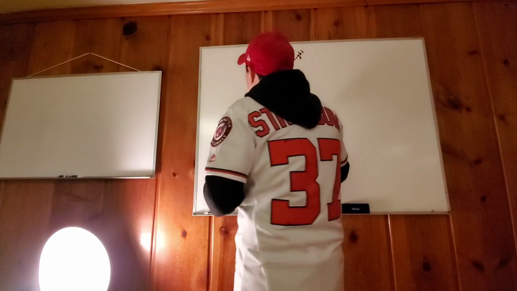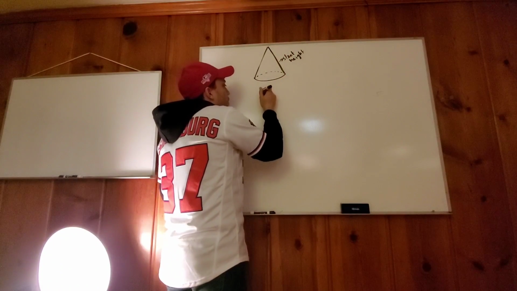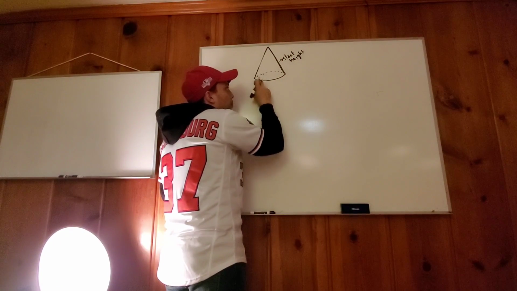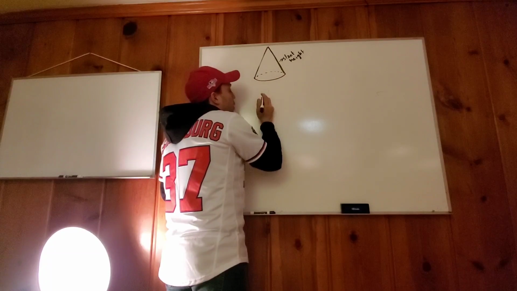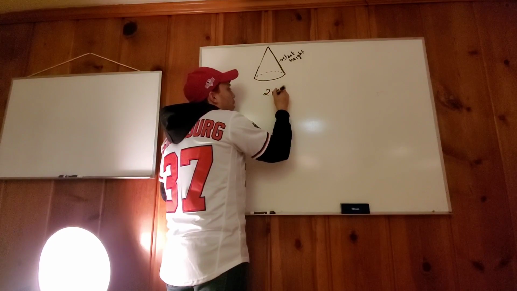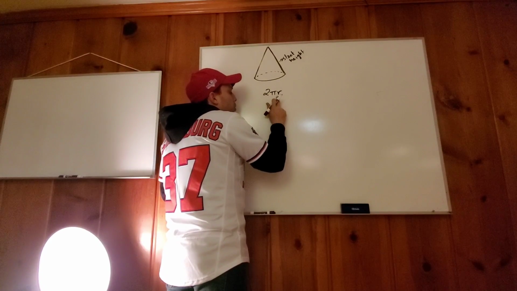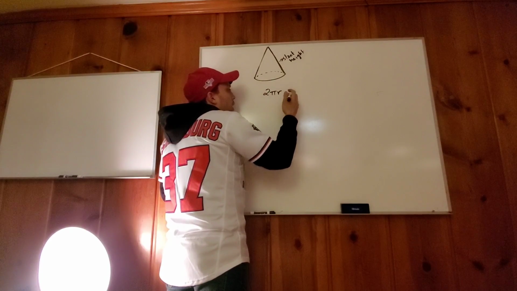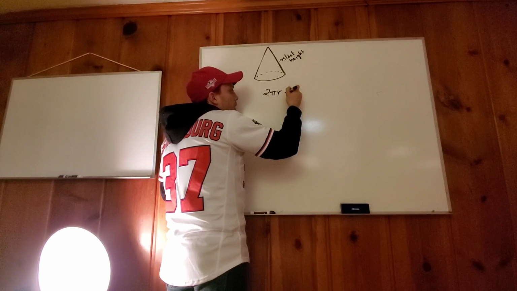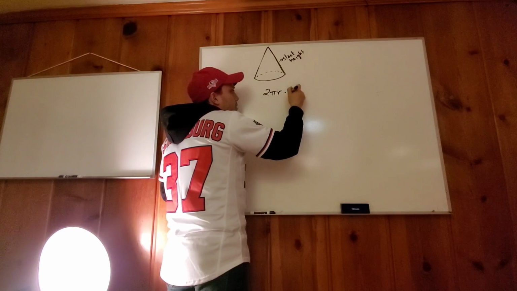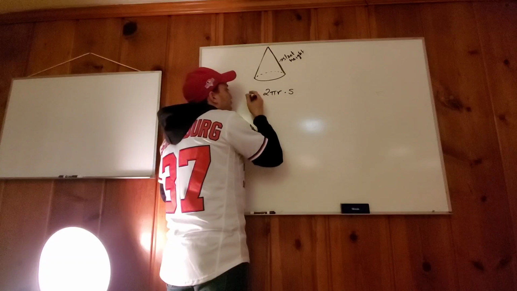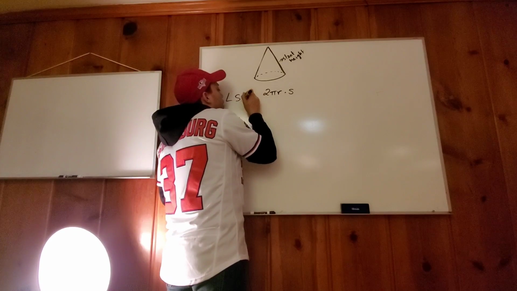But the perimeter of the base is what we call the circumference. So you have to remember that the circumference of a circle is 2 pi radius, or diameter pi. Then you multiply that by the slant height, which I'm just going to call S, and that would give you the lateral surface area.